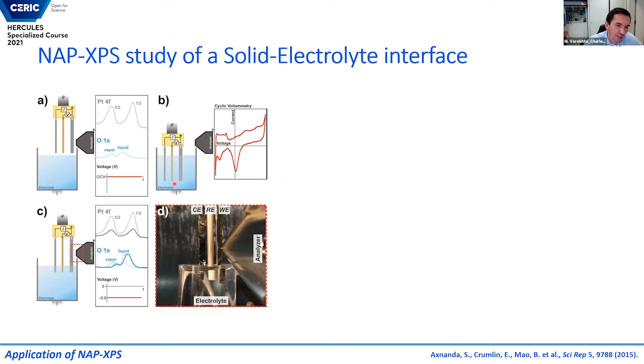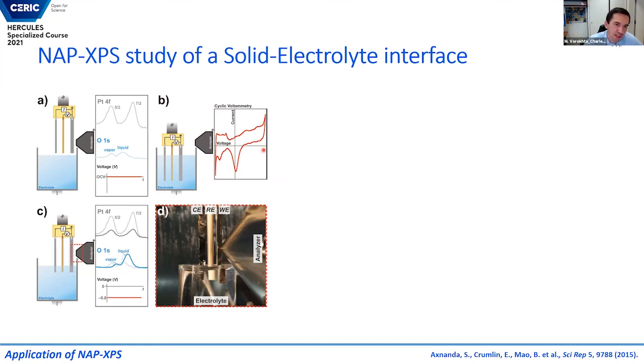They have a working electrode, they dip it into electrolyte, and then pull it a bit up, and then by applying potential to this electrode, the potential is still felt through the thin layer on the electrode, and you can analyze it.